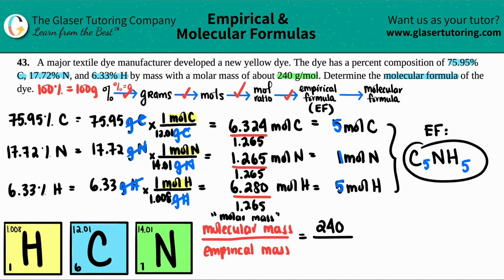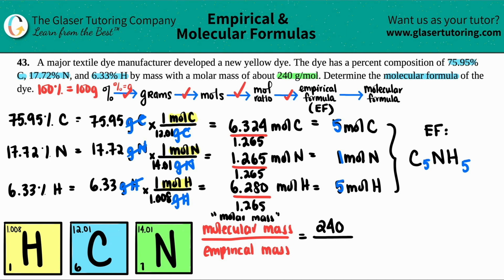So now I have to find out what this weighs. And we're going to use the masses on the periodic table. We've done tons of problems like this, right? Just finding how to get a mass. So if you guys are on the playlist and you need more help, you could always go to previous questions to check out how to do that. But basically, you're just going to calculate 5 carbons, 1 nitrogen, and 5 hydrogens.